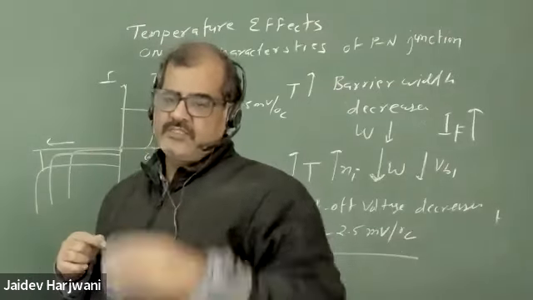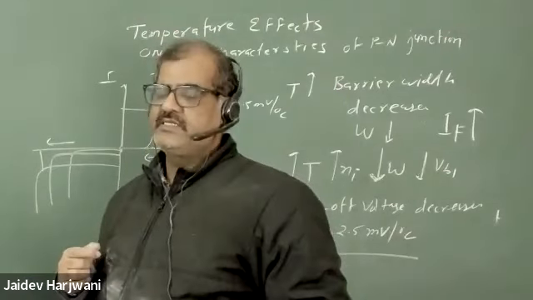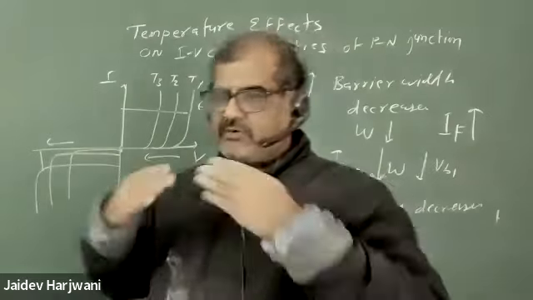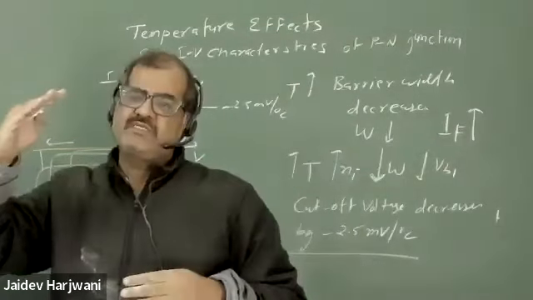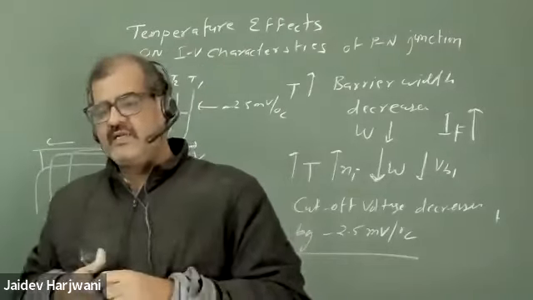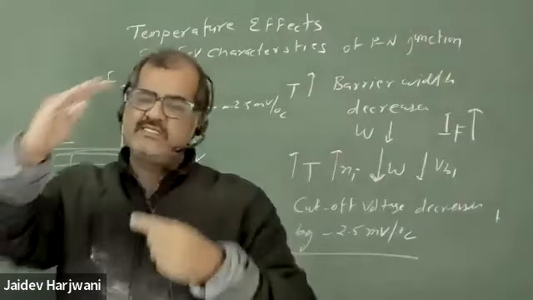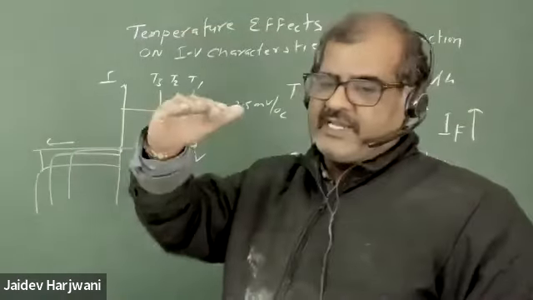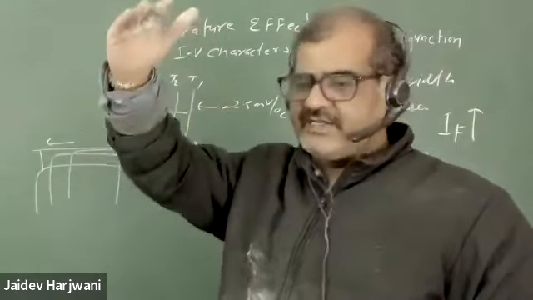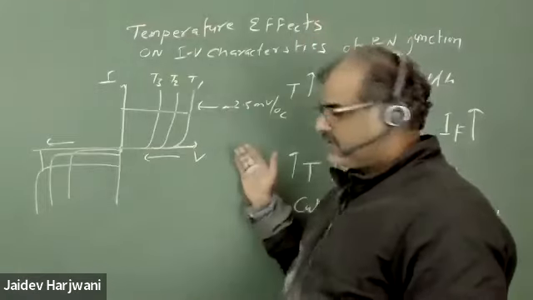Obviously at more temperature, electrons have a little bit more kT, more energy. So they can easily, compared to the earlier case, pass through the barrier. Width is also decreasing, band gap is also decreasing, energy is becoming higher, so your current increases.